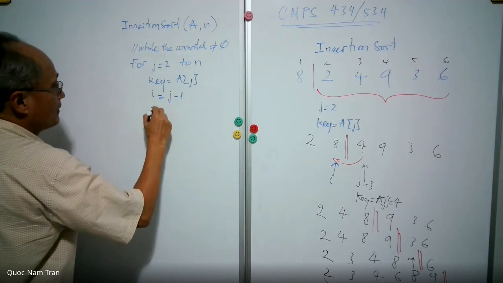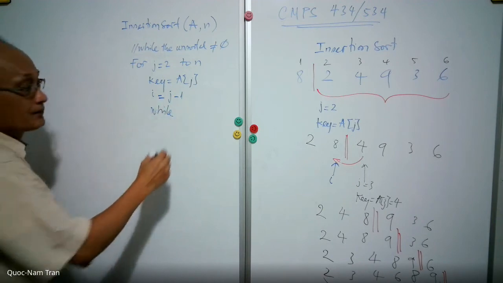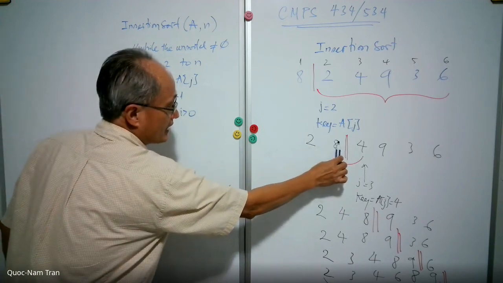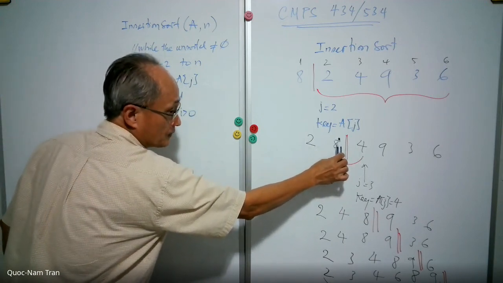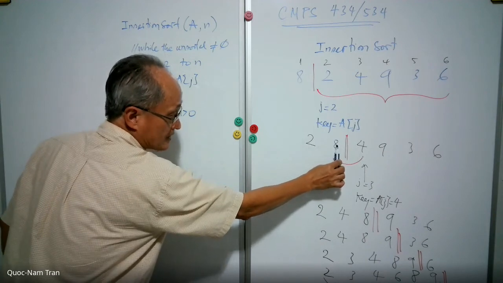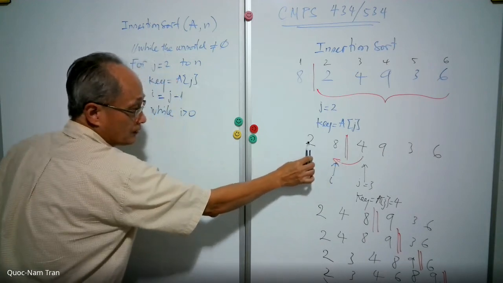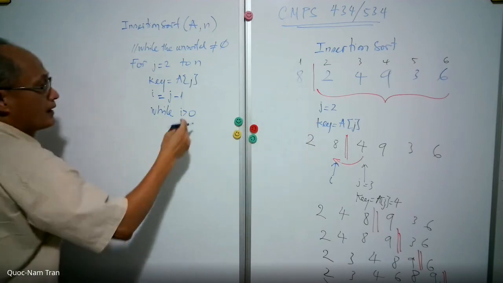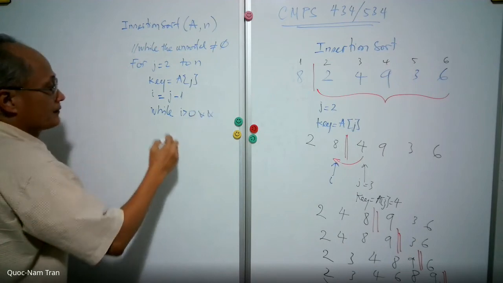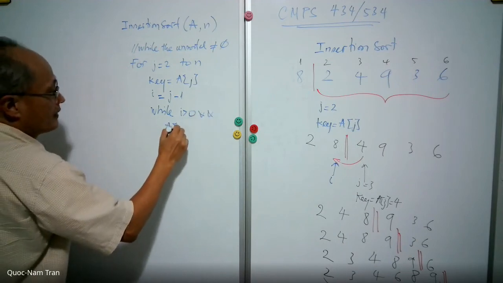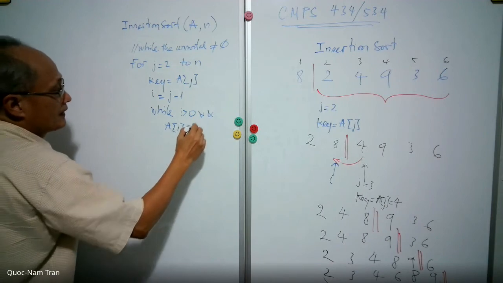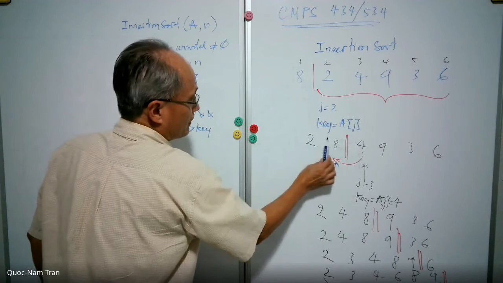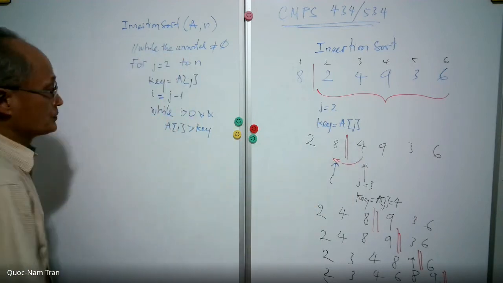And then while i is greater than 0, because we only scan the values from the last element of the sorted part to the first one, meaning it cannot go beyond the index 1, and A[i] is greater than the key, meaning if it's greater, we move to the right one position, right?